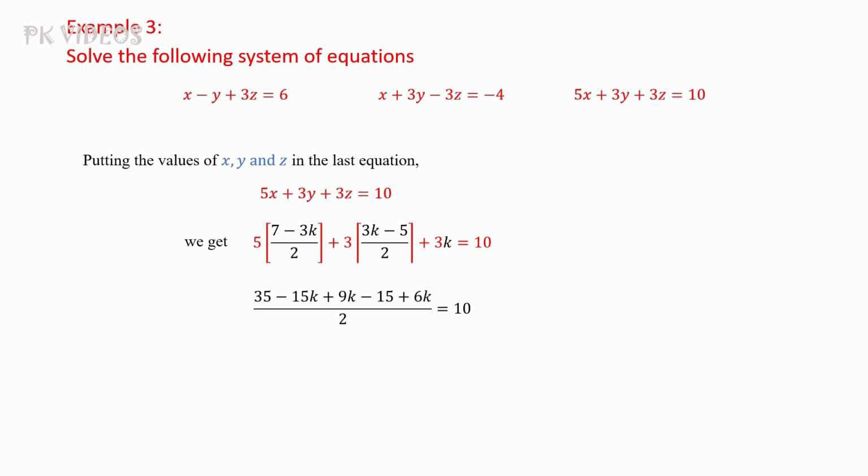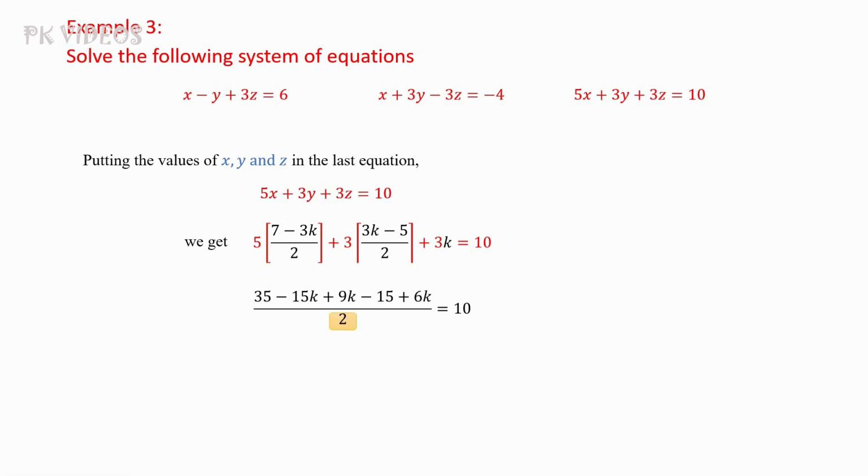When you open the bracket, 5 times 7 is 35 minus 5 times 3k is 15k plus 3 times 3k is 9k minus 3 times 5 is 15 plus, now we have 3k here without a denominator. So to have the common denominator 2, we multiply the numerator and denominator by 2. So 2 times 3k is 6k, and the denominator 2. So we have the common denominator, and it is equal to 10.